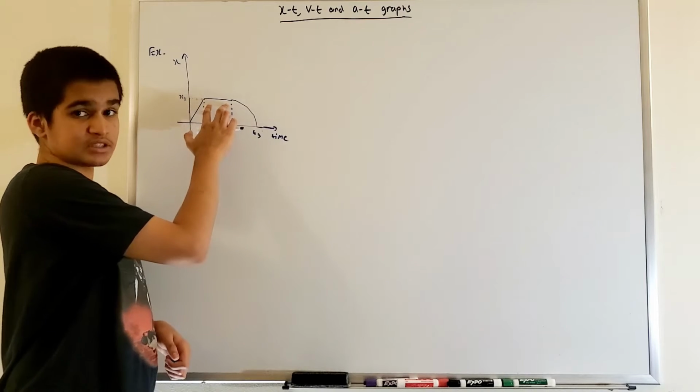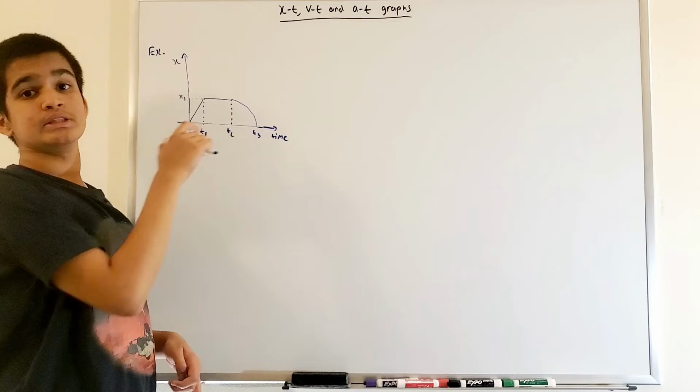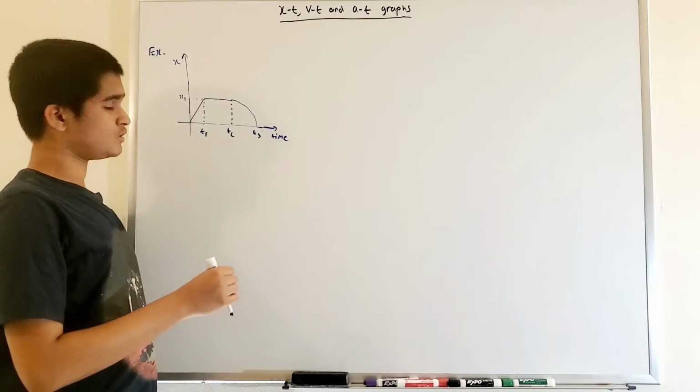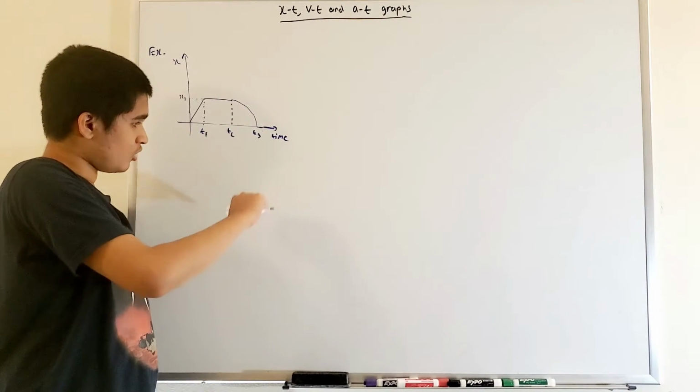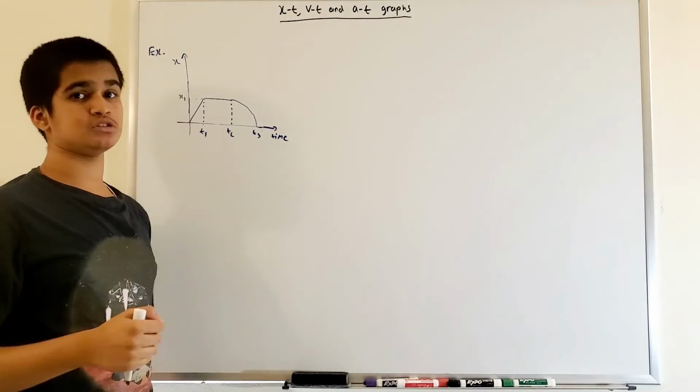Then the object is going to stay there for some time, and then come back to 0 with an acceleration. So our target is to draw the velocity time graph and the acceleration time graph for this situation.